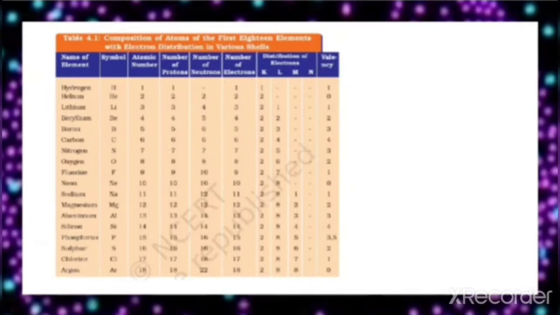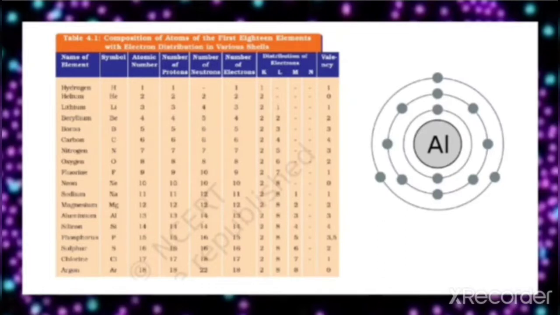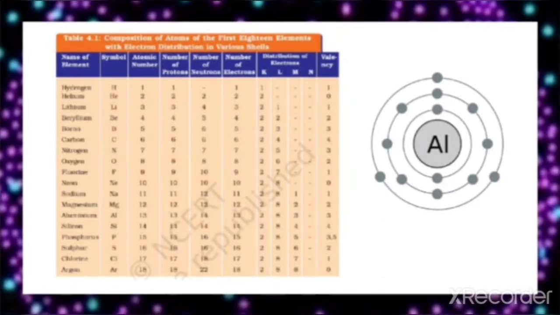Let me take one example, that is aluminium. In this case, as we know the atomic number for aluminium is 13, so it means that it has 13 protons and 13 electrons. So how do you distribute the electrons? In the first shell 2 electrons, in the second shell 8 electrons, and in the third shell 3 electrons.